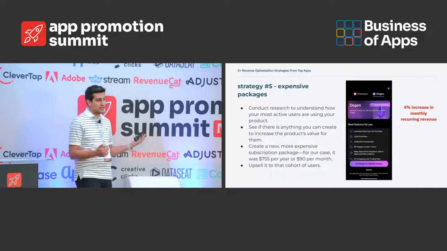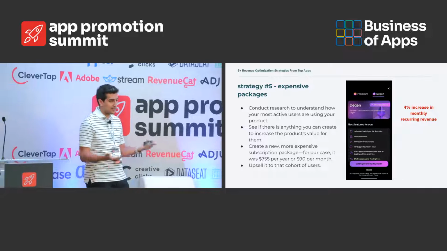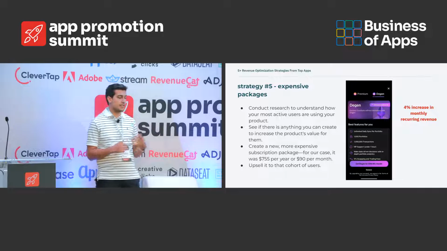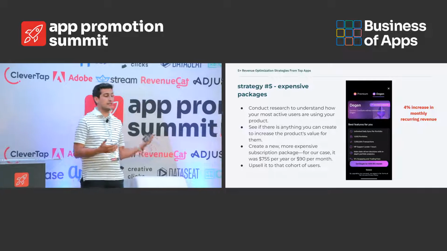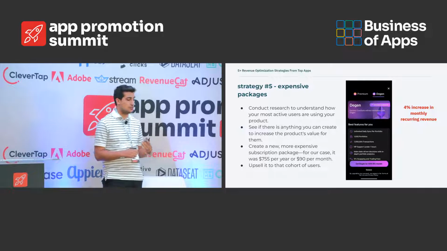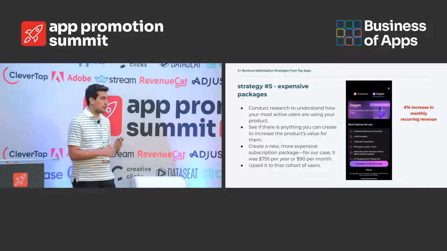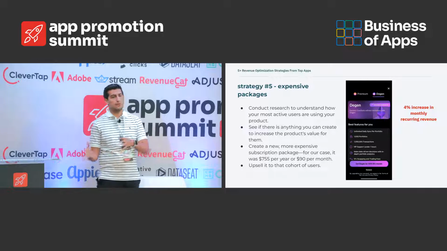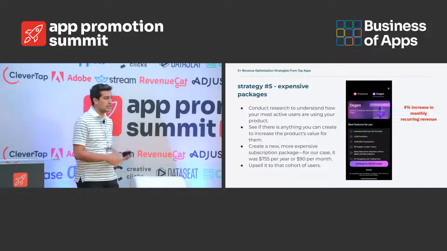And how we ended up selling this: we conducted research to understand how our most active subscribers are using our product. Just for information, CoinStats is a financial tool, and a lot of people are managing their investments.